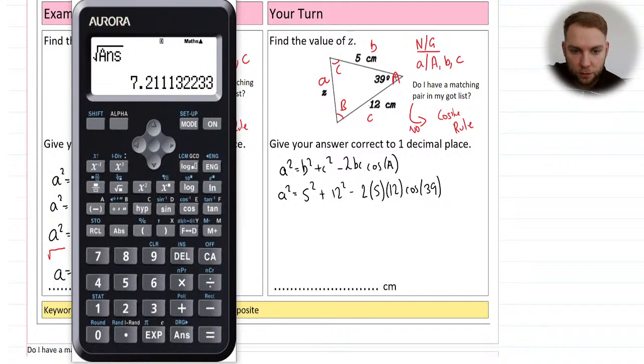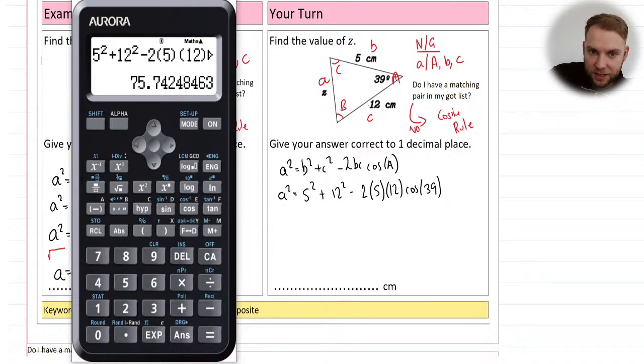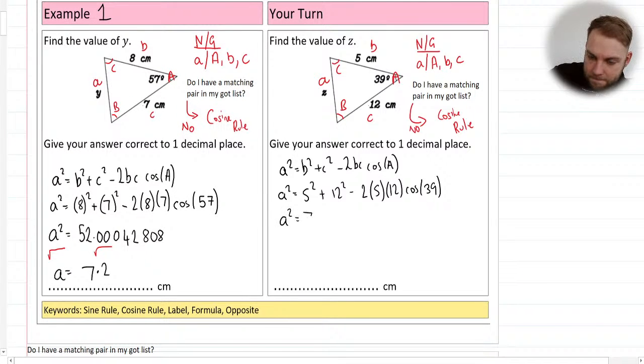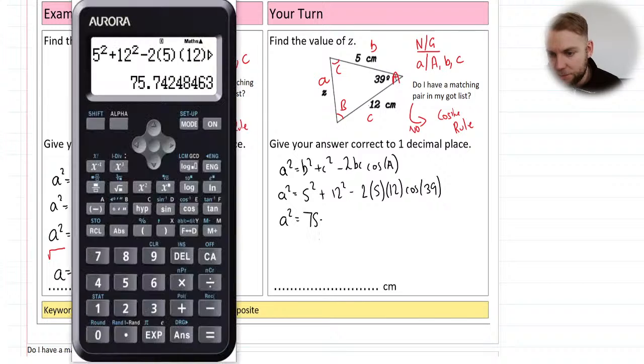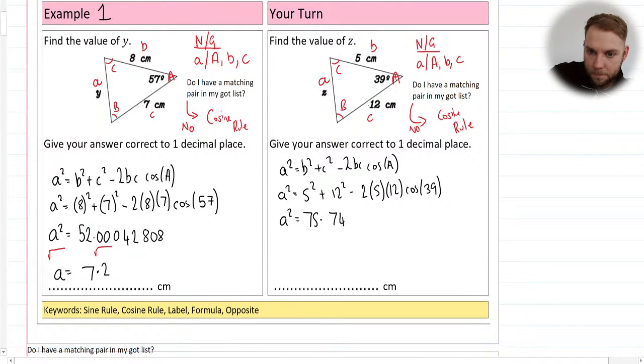So this is equal to 5 squared plus 12 squared minus 2 times 5 times 12 cos of 39, which is equal to 75. So a squared is equal to 75.74 2484, and then I'm going to do the square root of that answer.